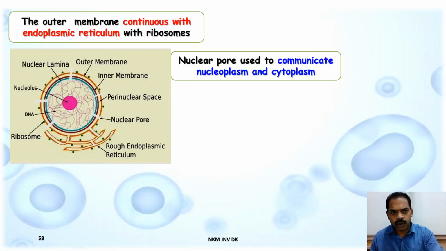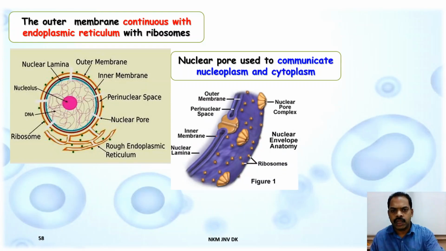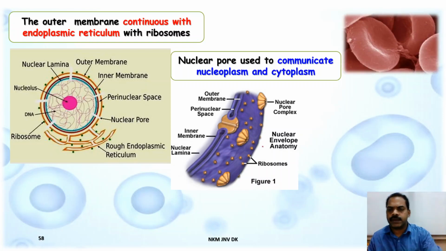And the nuclear pore, the gap in between the nuclear membranes, helps in communicating with the cytoplasm. You can see here the outer membrane, inner membrane, perinuclear space in between, and the nuclear pore complex, helping to communicate outside.